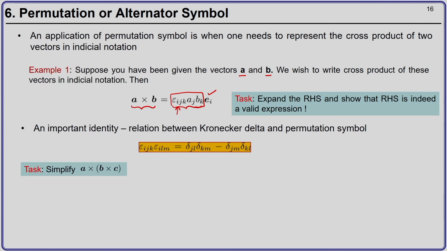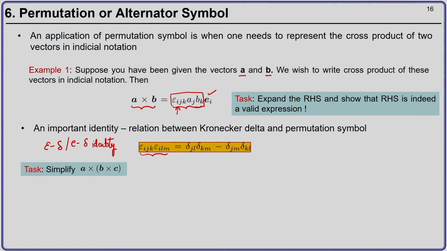Okay. So, another very important relation is the relation between the permutation symbol and the Kronecker delta. This relation is shown here, and it is also called the epsilon delta identity. What does this identity say? It says that if you have a product of two alternating symbols in which at least one of the indices is common.